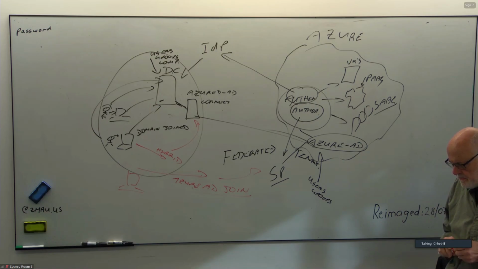Because that account is synced across to Azure AD, Azure AD knows who I am. So you've got an Azure AD account. How do you define that? Do you call it an Azure AD account, or because that account is a domain account, but we are using AD Connect.